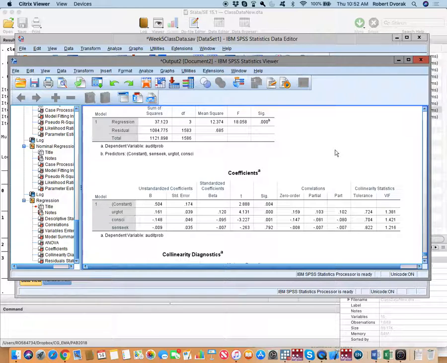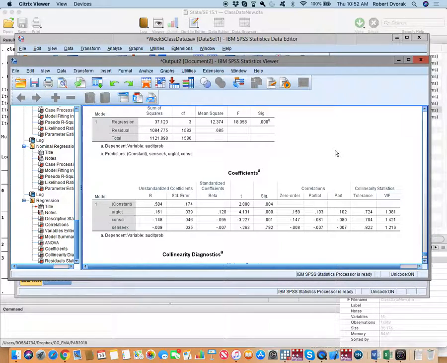I have a question. We see the tolerance for sensation seeking is highest, but still it's not significant. So basically the variance in sensation seeking is more, but it's not a significant variance. What is tolerance? What would you interpret based on that?